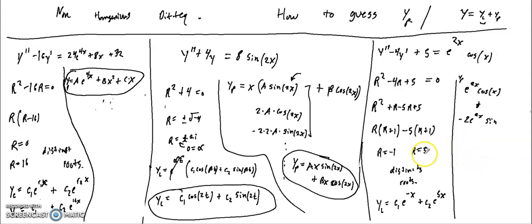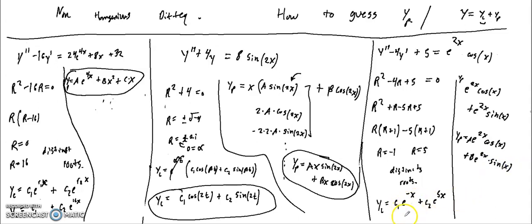But the thing is, this only accounts for cosine of x. We can't multiply this by a constant, a or b, and get sine of x. So we also need to add e to the 2x times sine of x. So our particular solution is a times e to the 2x cosine of x plus b e to the 2x times sine of x.